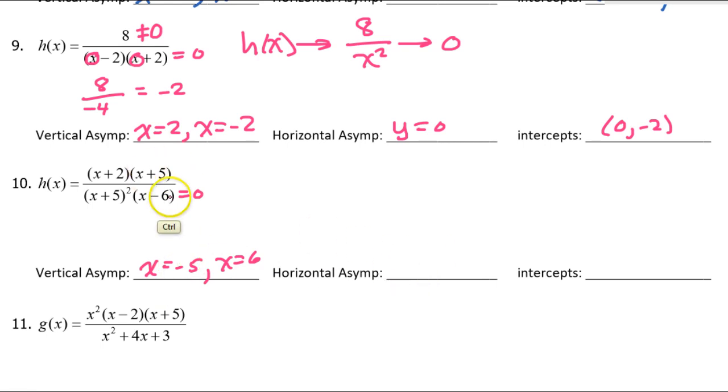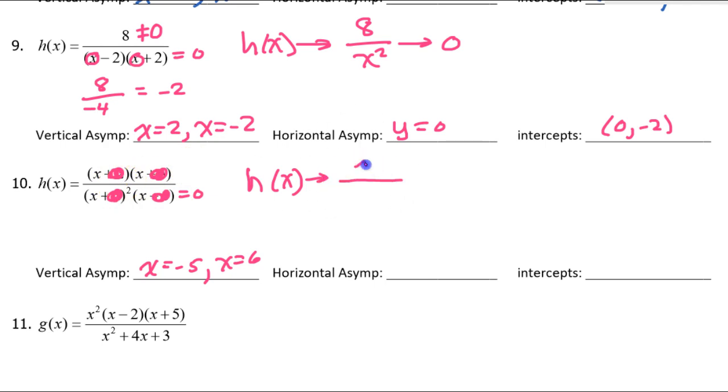The horizontal asymptotes will be the end behavior of this function. So what happens to h of x as x approaches infinity? Well, the 2 and the 5 and the other 5 and the negative 6, those will become irrelevant.